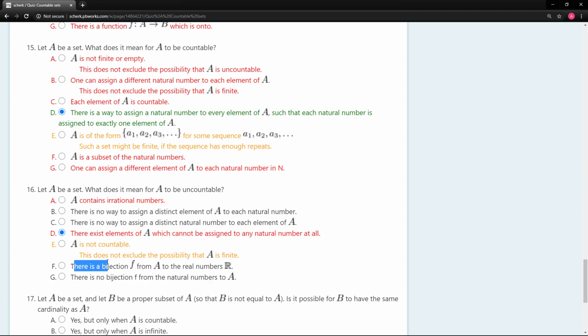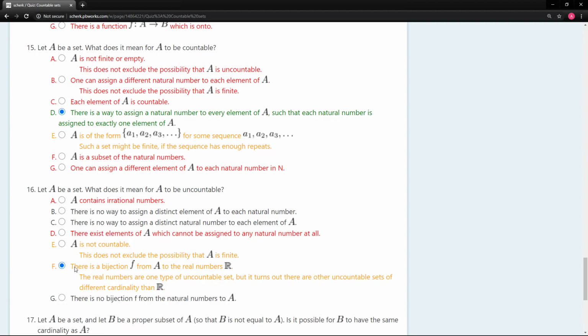Keep going. There is a bijection F from A to the real numbers R. This feels nice. Orange. The real numbers are one type of uncountable set, but it turns out there are other uncountable sets of different cardinality than R. That's actually true.